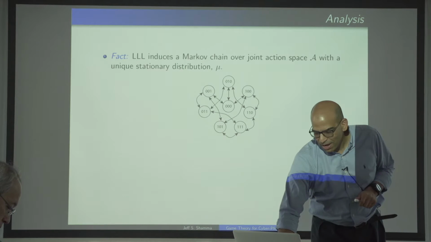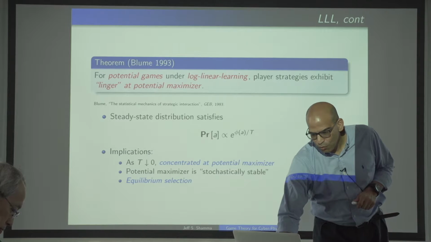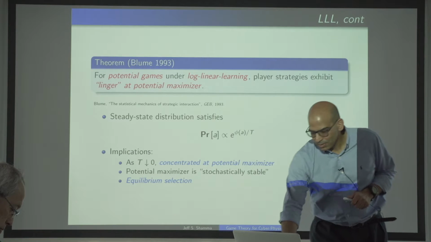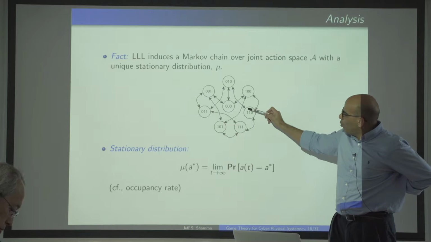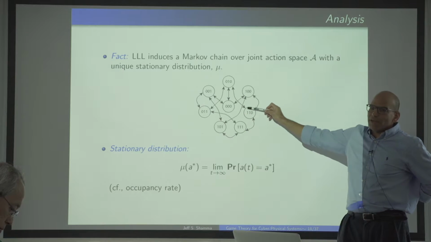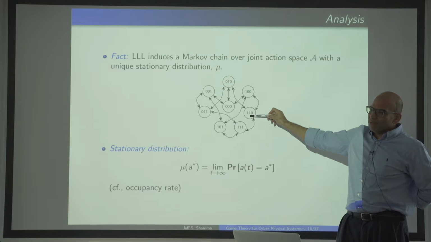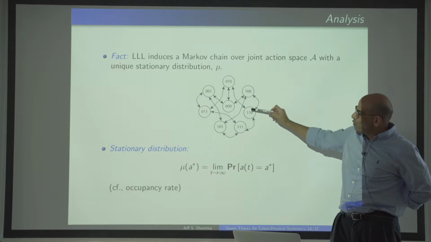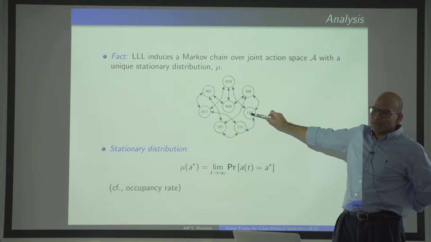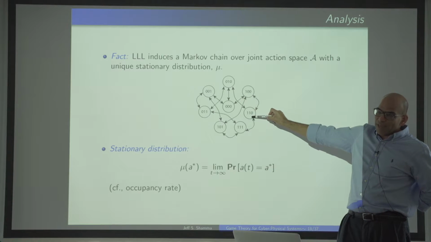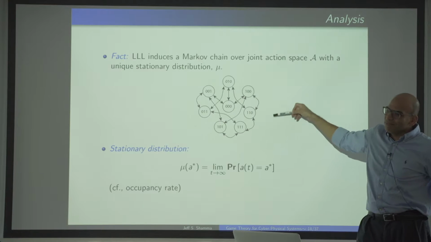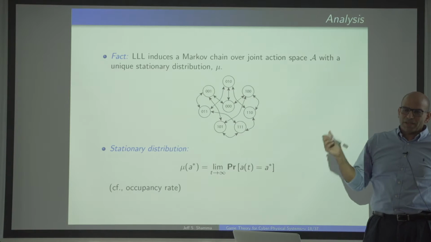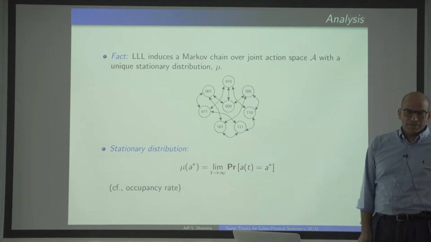And one can show analytically for potential games, suppose that 110 was the largest value of the potential function. What one can show is for small temperature, it's going to spend most of its time here. So for potential games, log linear learning spends most of its time at the maximizer of the potential function. It lingers there.